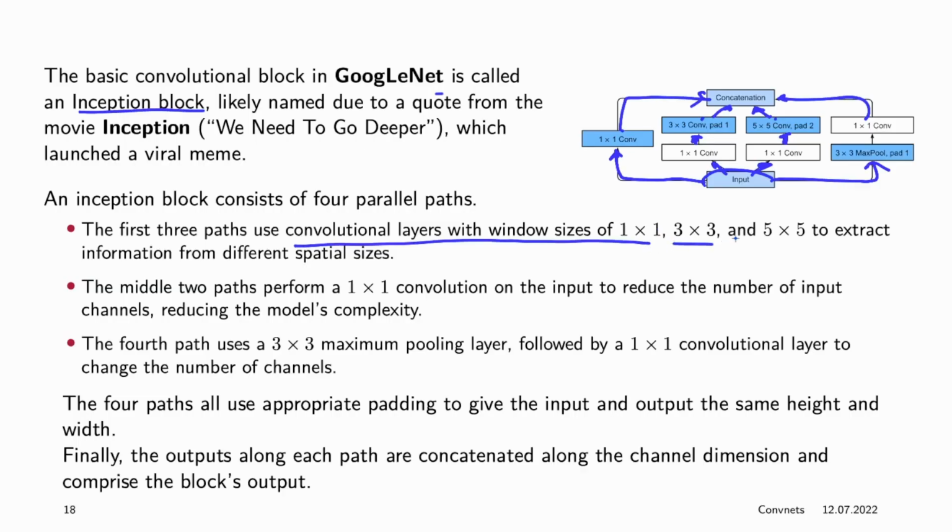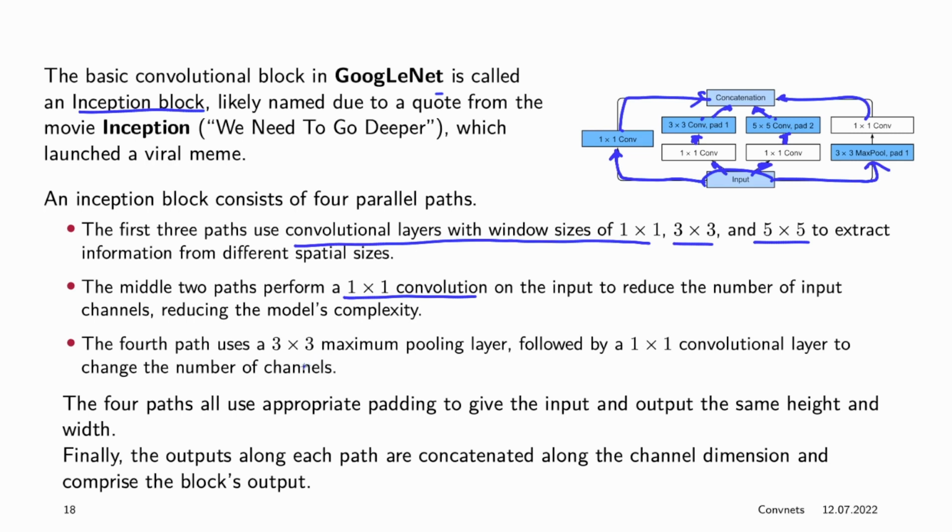So the first 3 paths of the inception block use convolutional layers with window sizes of 1x1, 3x3 and 5x5 to extract information of different spatial sizes. And the middle 2 paths perform a 1x1 convolution on the input to reduce the number of input channels and to reduce the model complexity.